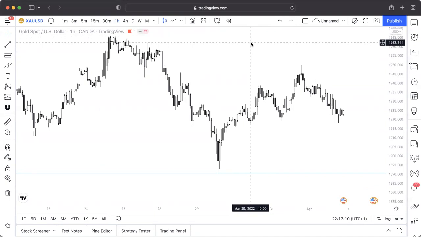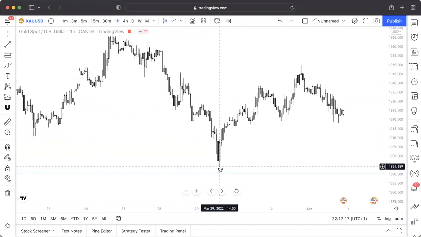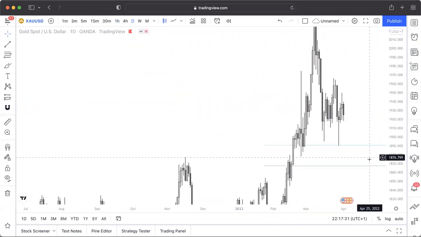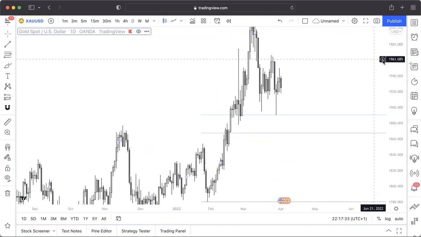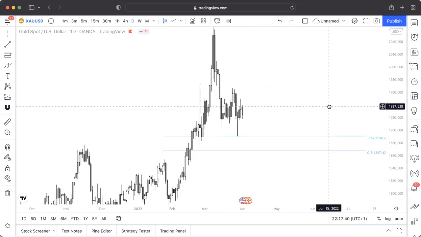Let's say if you implement the daily cycle, I can show you exactly that at this level, at the exact same time, this is where the daily cycle reversal was unfolding. And it's also interesting that on the higher time frame, as I showed you, we technically had this optimal trade entry level right there.